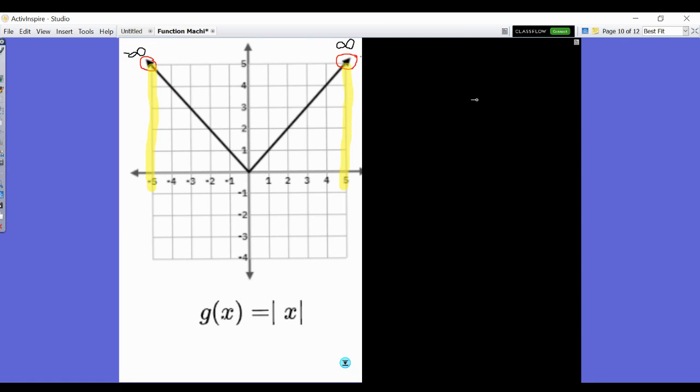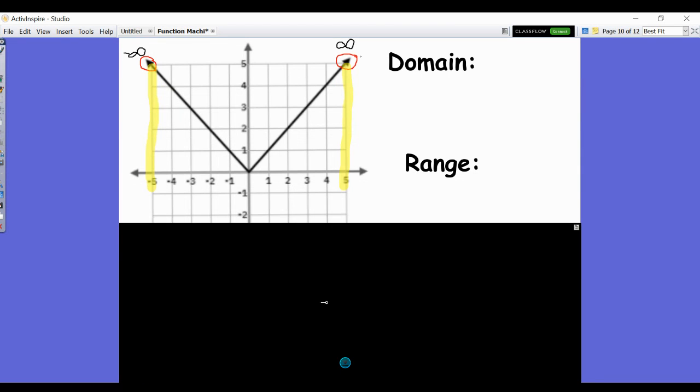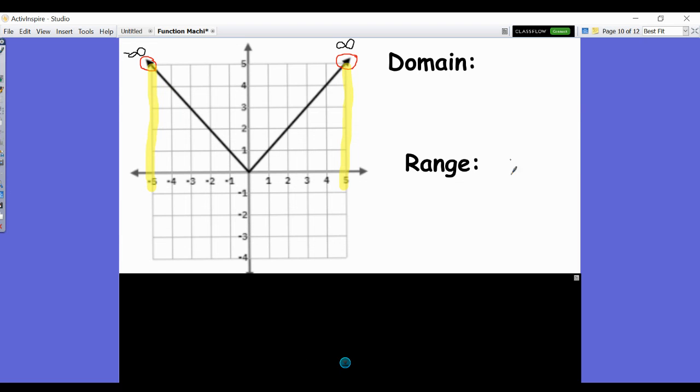When you go to write your domain, remember you want to make sure you are listing it from least to greatest. I'm going to list this out really nicely because I do have that ability. There's a little equation you can put in. From left to right, from least to greatest, I've got negative infinity.